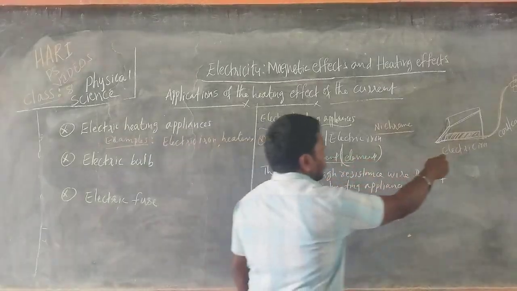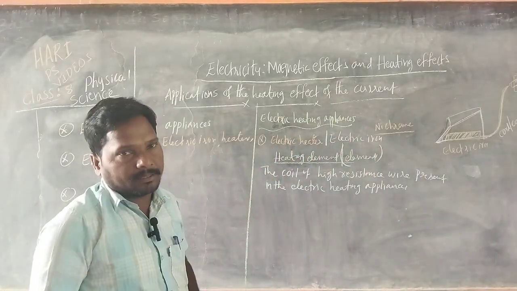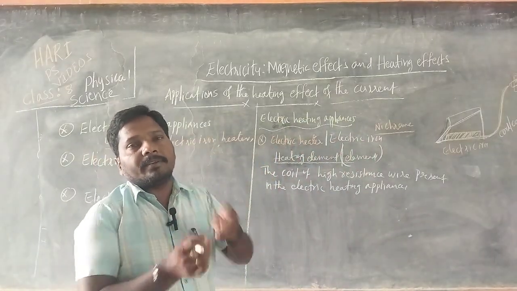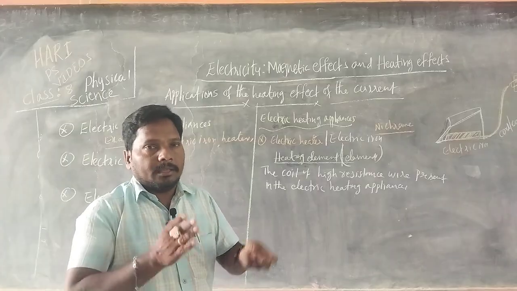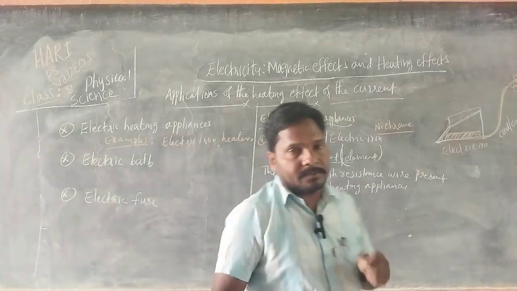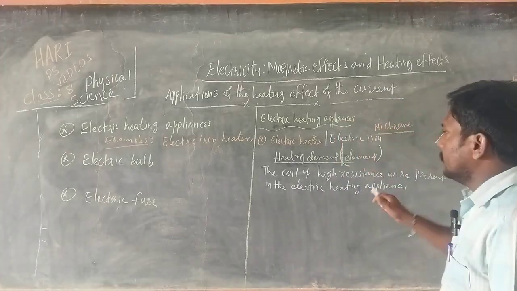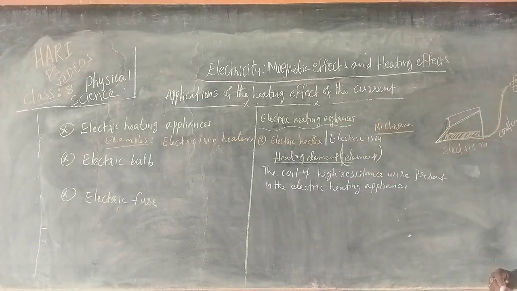We cannot see the element in the electric iron because it is fixed inside the appliance. But in the case of an electric room heater, the heating element is able to be seen with our eyes.